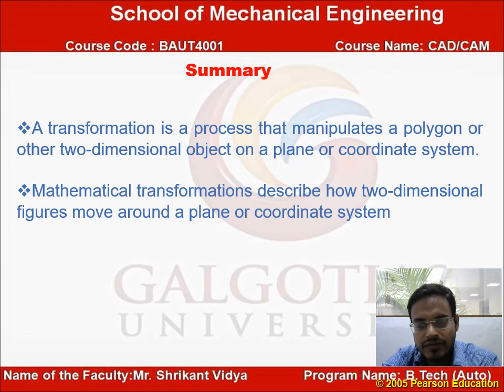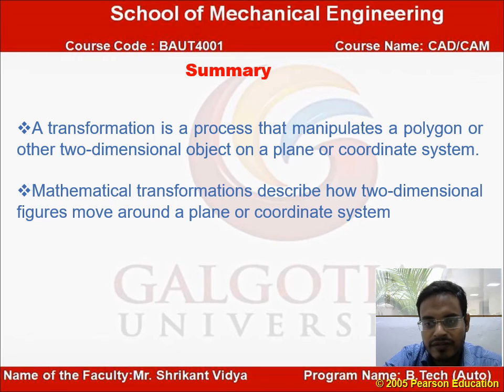In a nutshell, a transformation is a process that manipulates a polygon or other two-dimensional object on a plane or coordinate system. Mathematical transformations describe how two-dimensional figures move around a plane. For transformation, we require a matrix called the transformation matrix, which varies from operation to operation.